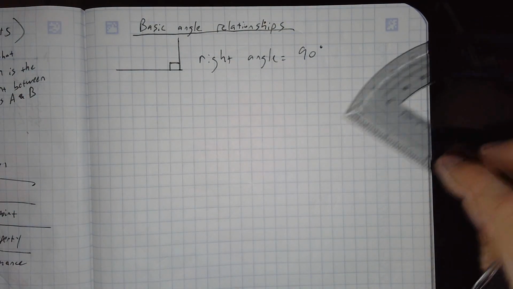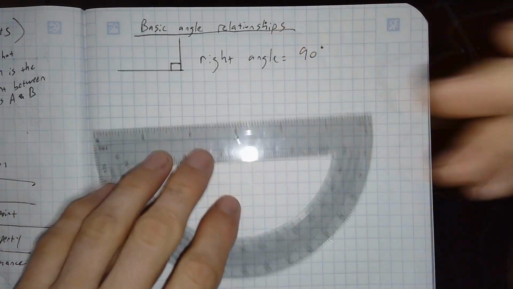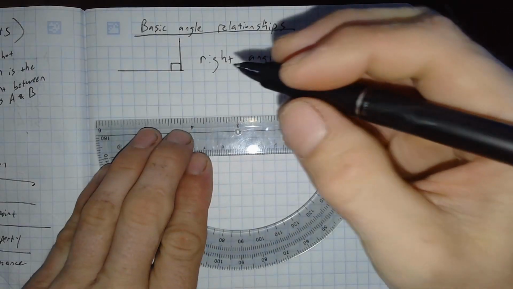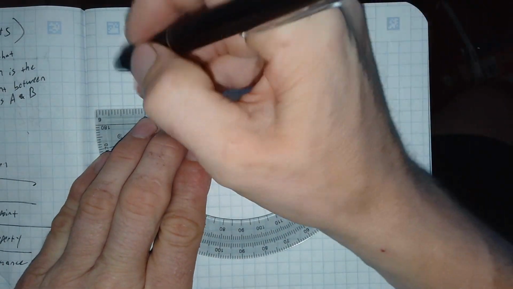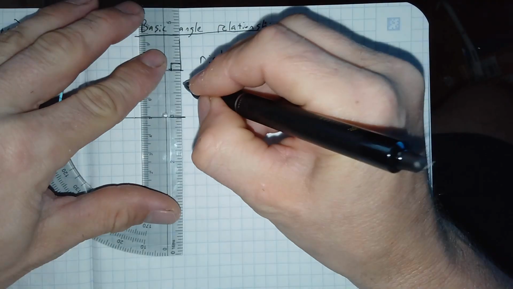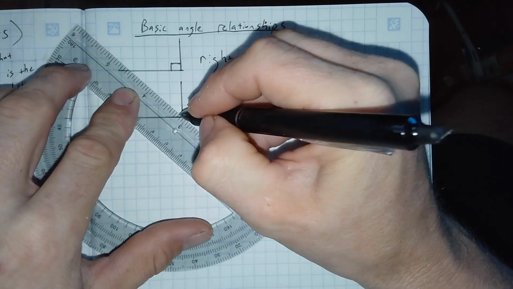If you have two angles that add together to make 90 degrees, those angles are said to be complementary. They complement each other. Right? So we're going to say we have two angles here.